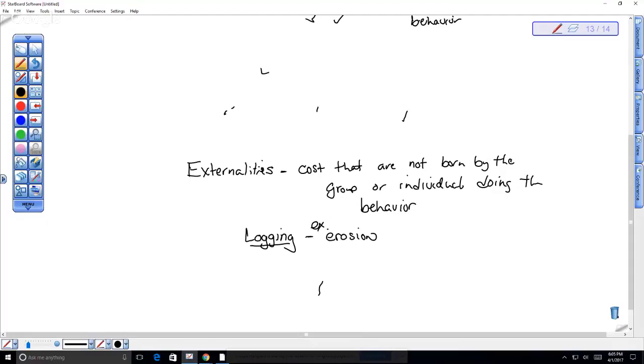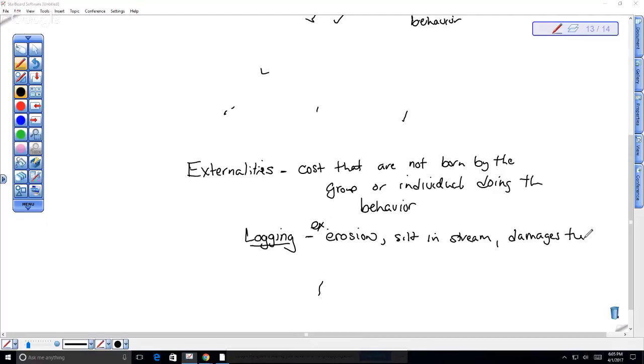Say, for example, they log a hillside, and the trees were holding the soil on the hillside. So it rains a lot, and you get a great big landslide, and maybe the landslide ends up in a stream, right? And then you get soil in the stream. So we get erosion, and we get maybe silt in the stream. And this could be a cost because it damages the ecosystem.